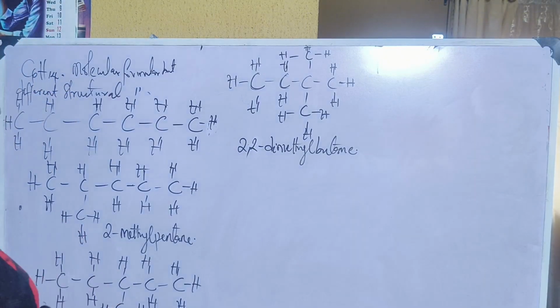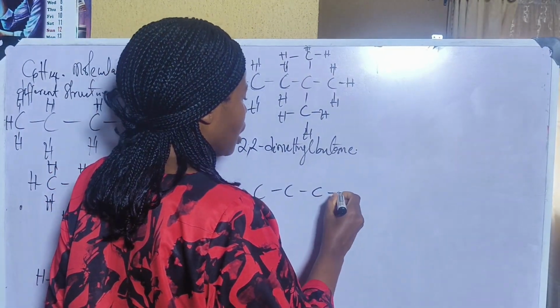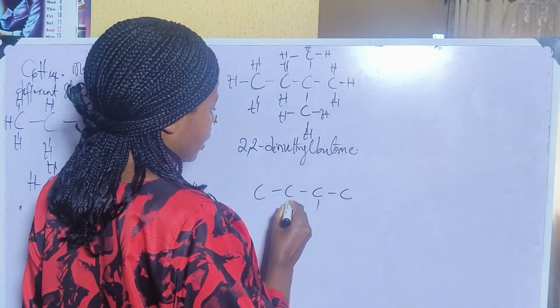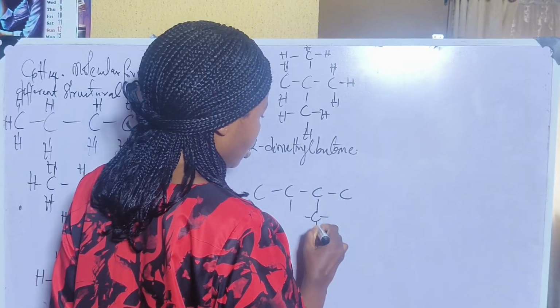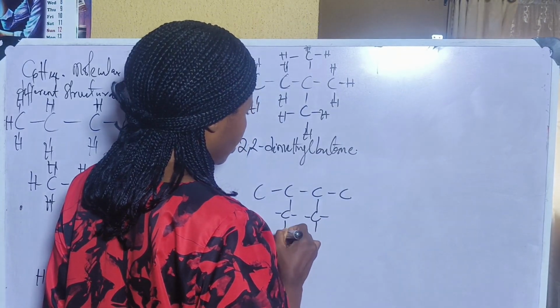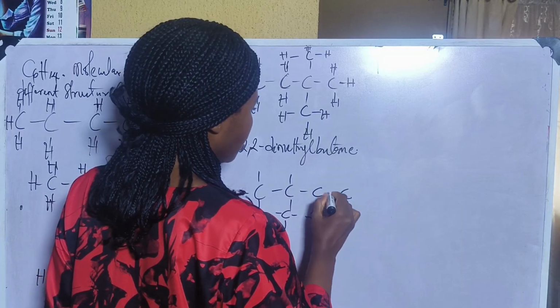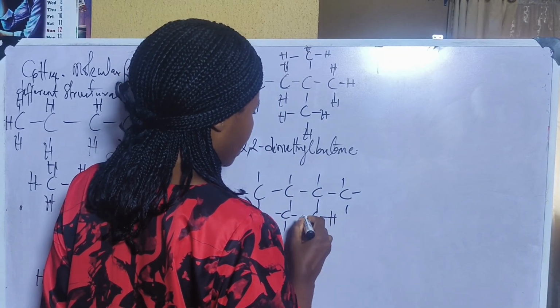Then I will still maintain my longest carbon chain as 4. Move one of the branches here and the other branch here. If I do so, you still have 4.